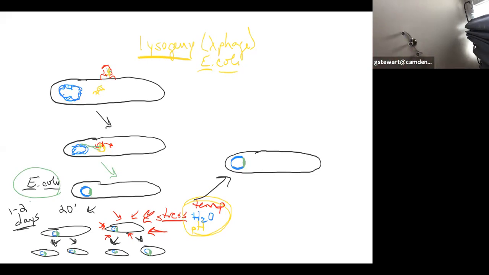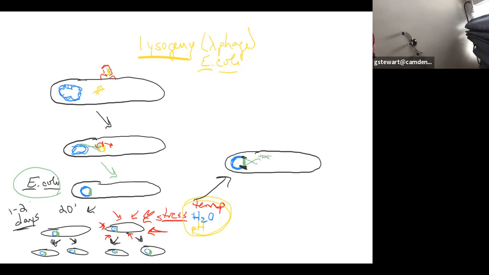And so when the E. coli actually starts transcribing those genes to protect itself or to save itself, that's going to trigger the phage. That's the clue for the phage to be like, oh, cell's going to die. I need to cut myself out. So the phage DNA is then going to be cut out.